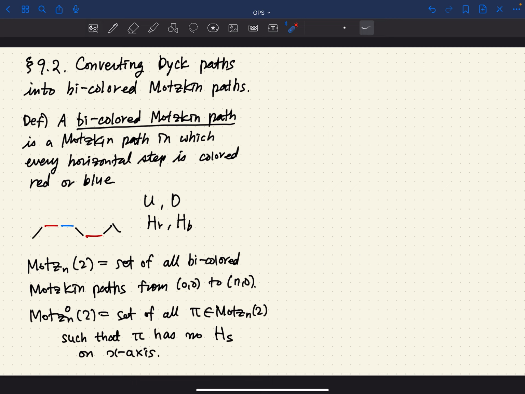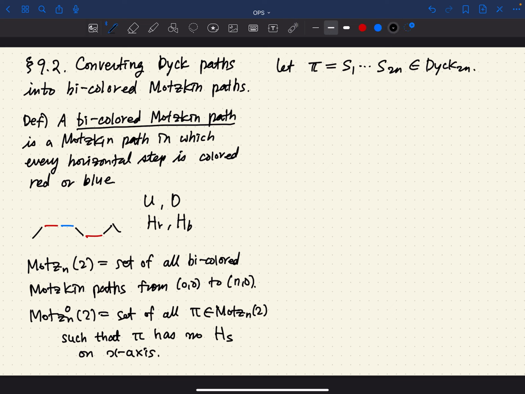Now I'm going to define two maps from Motzkin paths. First, let pi equal s1 up to s2n be a Motzkin path of length 2n. So we have 2n steps like this.